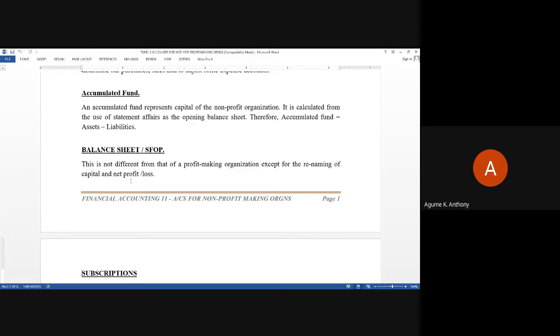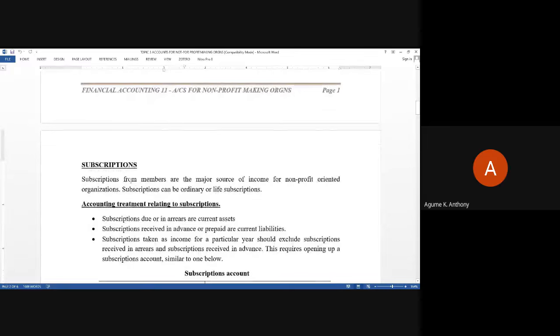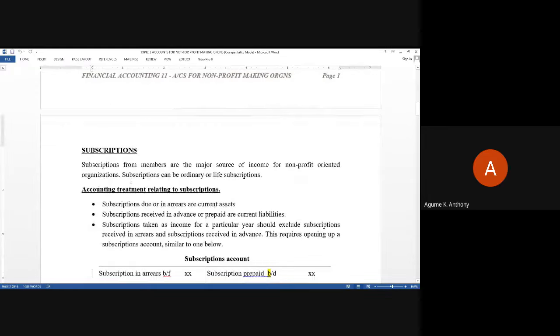Now, subscriptions. The major income for some of these non-profit making organizations is subscription. Subscriptions from members are a major source of income for a non-profit oriented organization, and these subscriptions could be ordinary or life subscriptions. What is the accounting treatment relating to these subscriptions?